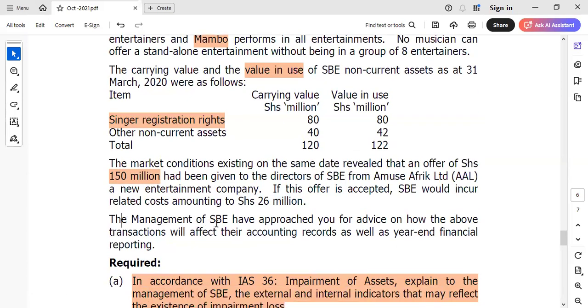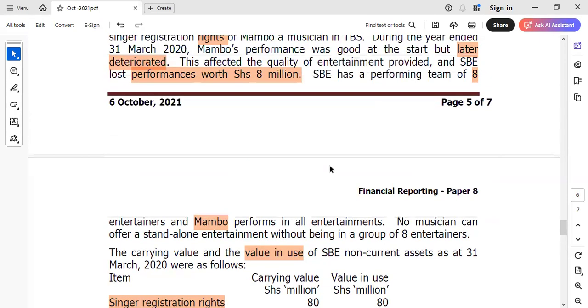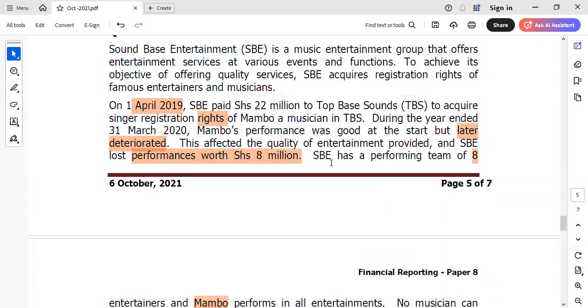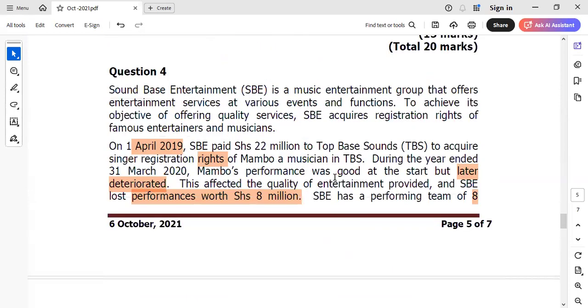The management of SBE have approached you for advice on how the above transactions should be accounted. So I will not talk about IAS 38, but IAS 38 will help us to account for what? To account for acquisition of single registration rights.